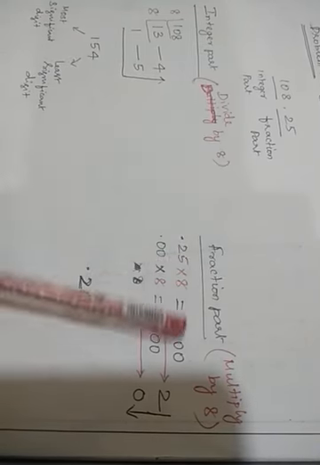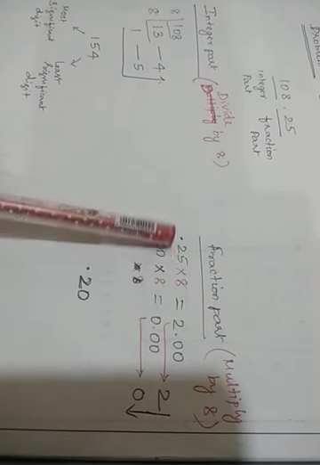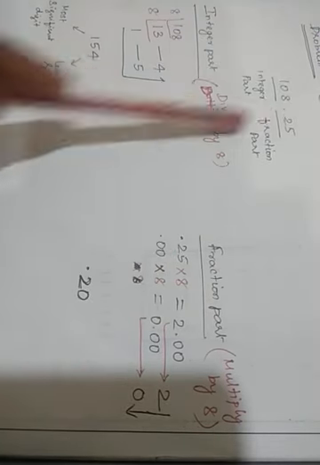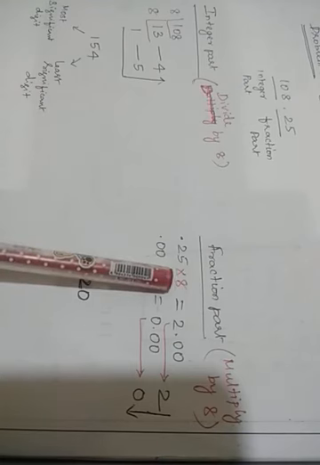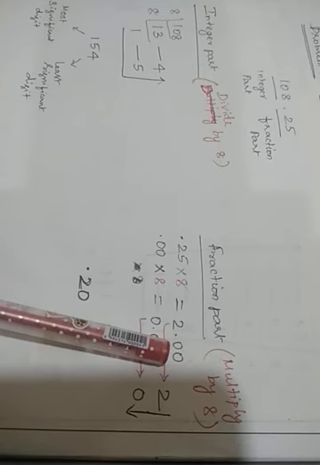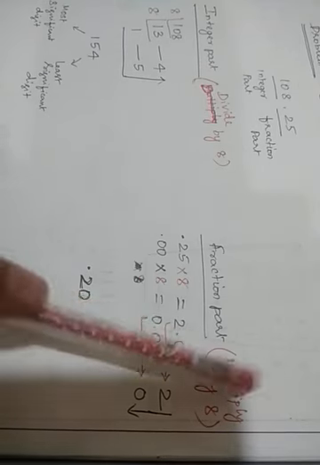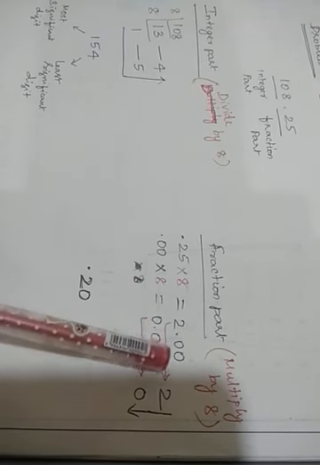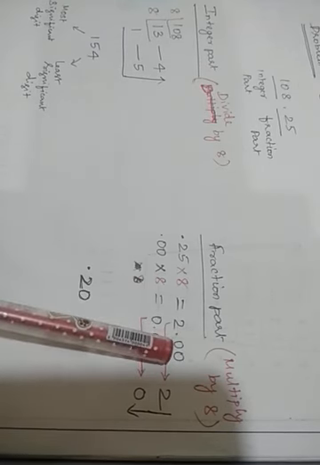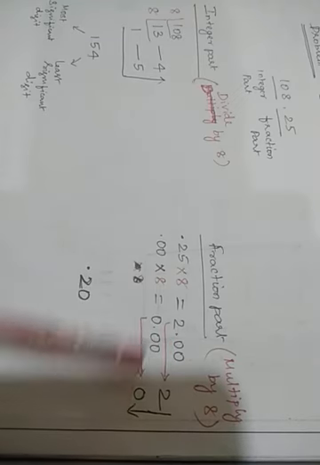Coming to the fraction part, it is multiplied by 8. The fraction part we have is 0.25. 0.25 times 8 gives 2.00. Once the fraction part becomes 00, you can stop the multiplication, since even if you continue you will only get 0.